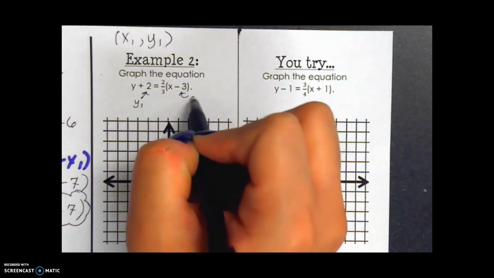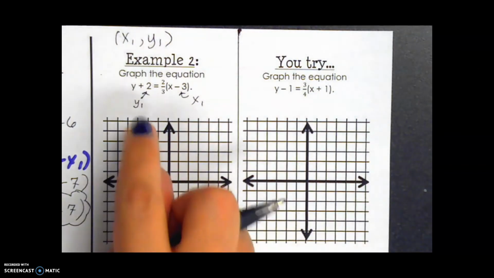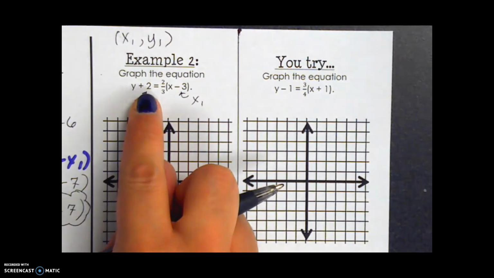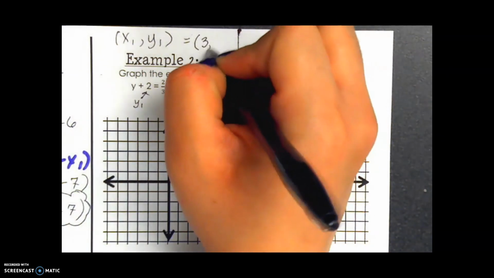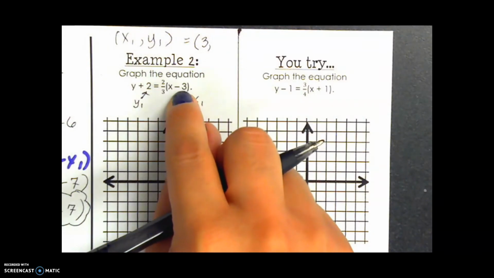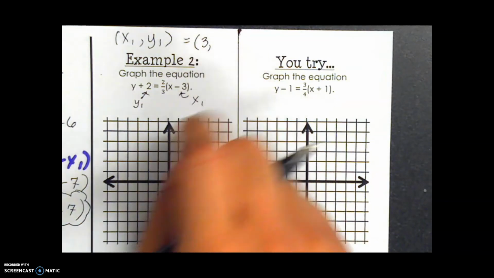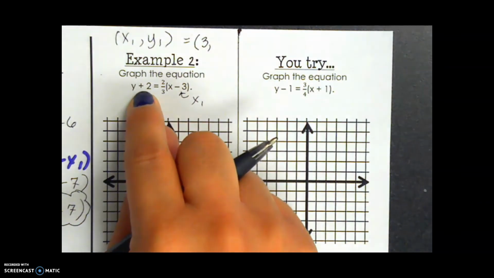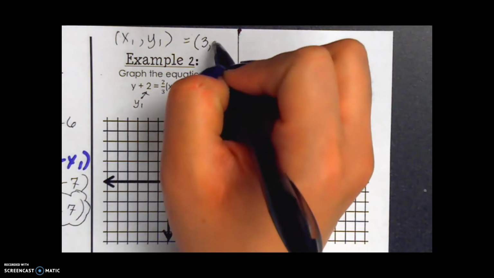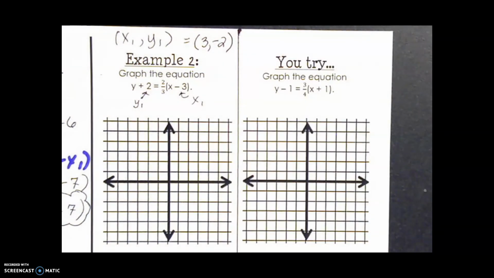Over here is my x1. But remember, we have to flip the sign, just like we did in our last examples. So my x1 would be positive 3, because this says minus 3. That means I have to change the sign. Over here it's a plus 2. So my y1 is going to be negative 2.